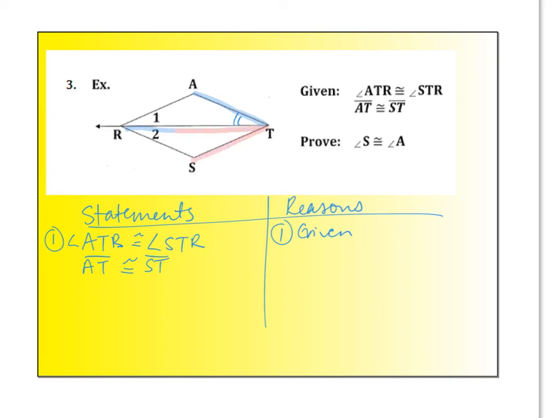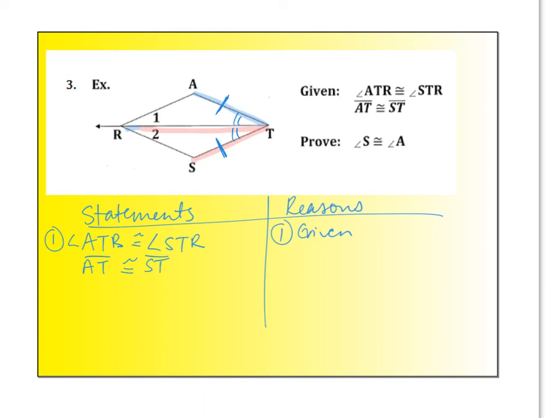So S to T to R, that's going to be congruent to this angle over here. So those 2 angles are congruent, and that was given to me. Also, AT, so this side, is congruent to ST, this side. That was given to me. And the thing that we're trying to prove is that angle S is congruent to angle A.